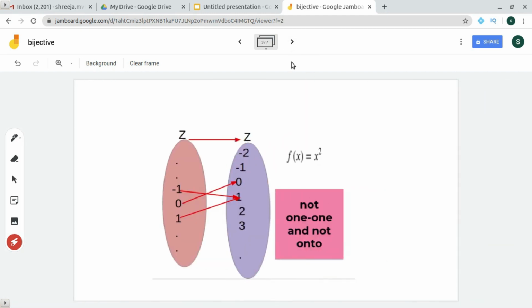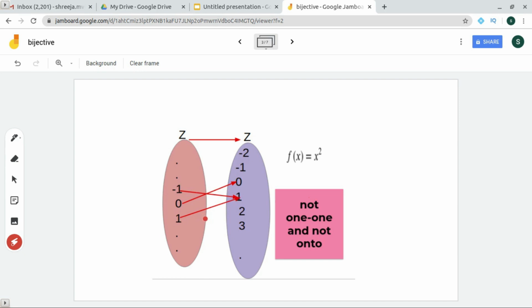Now the second one, f from Z to Z given by f(x) = x². Z consists of minus 2, minus 1, 0, 1, 2, 3, etc. And minus 1 squared is 1, 1 squared is 1. Minus 1 is not equal to 1, but f(-1) equals 1, which is equal to f(1).